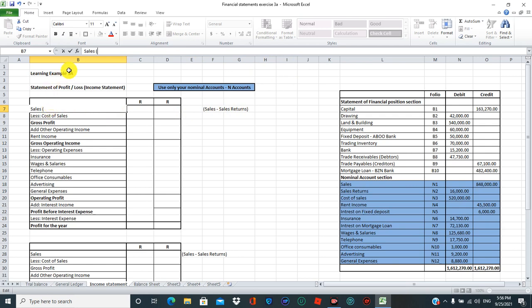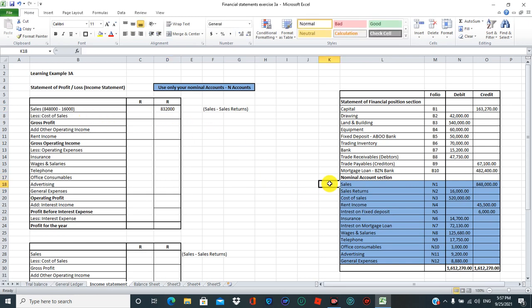So we've got sales, which is 848,123, minus sales returns of 16,123. Always remember, your sales total is your sales minus your sales returns. If you take that, it will be 832,000.